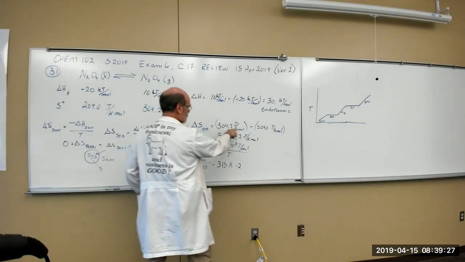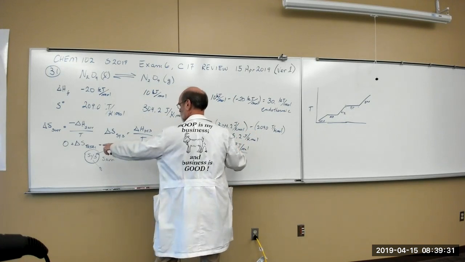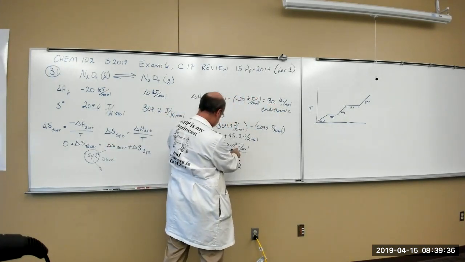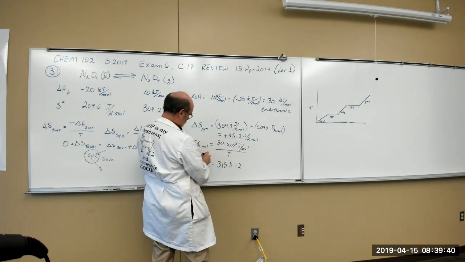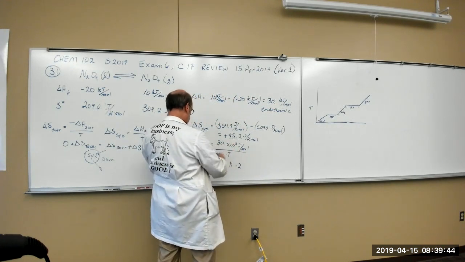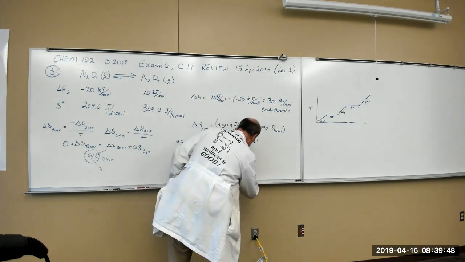This one was kilojoules per mole, so we changed it to joules because the units here are also joules. They have to match. So the moles will cancel and the joules will cancel, leaving us with K.